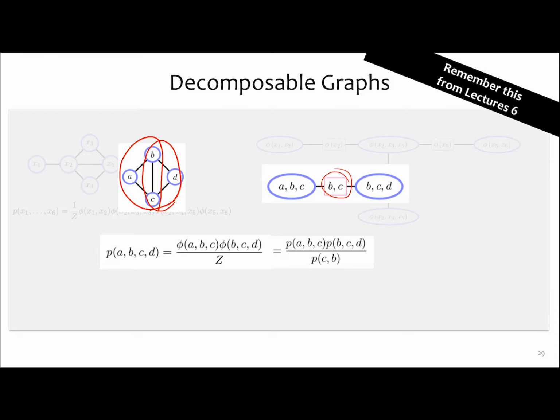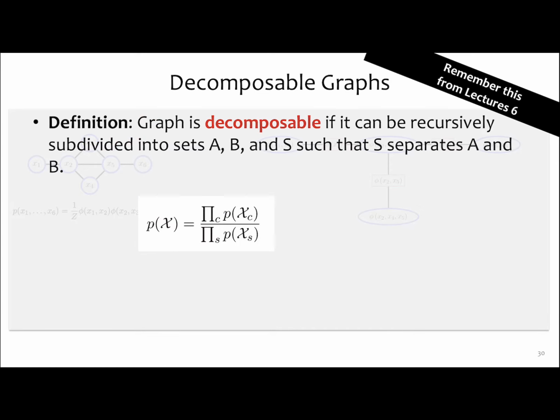Now, what is nice about it is that I can write the joint probability distribution PABCD as the marginal of each of these clicks divided by the variables that are separating them. And there was a generalization of that: if I have a junction tree, a decomposable graph, I can write the joint probability distribution of all of them as the multiplication of all of the clusters divided by the separators.